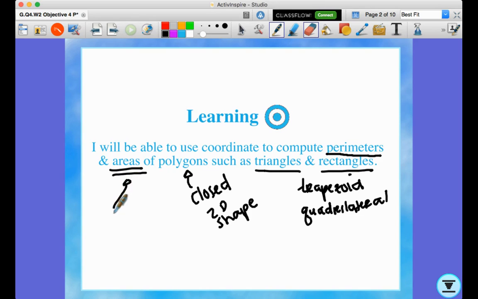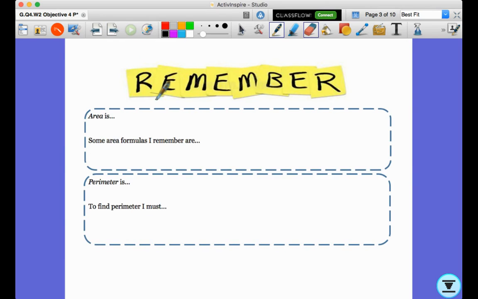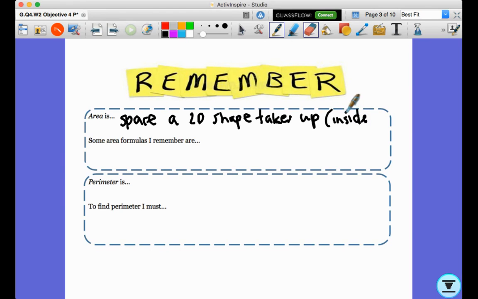So think about some of the formulas that you might remember for area, because I'm going to ask about that in just a moment. So, area and perimeter. Area is the space a 2D shape takes up. It's the inside, like floor space.